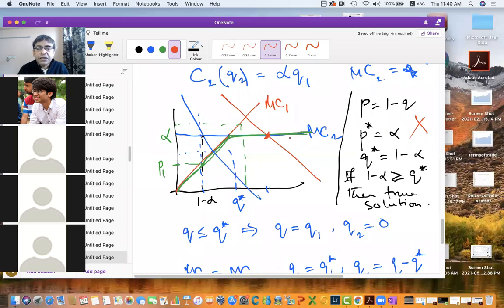Then you throw away the firm which has this constant marginal cost, ignore it as if it doesn't exist, and you find the intersection of demand and marginal cost of firm 1. That's the way to go about it. Now, I'm not looking at the exact problem where you have numerical values there. I could exactly solve it, but this is the method. This is the approach.